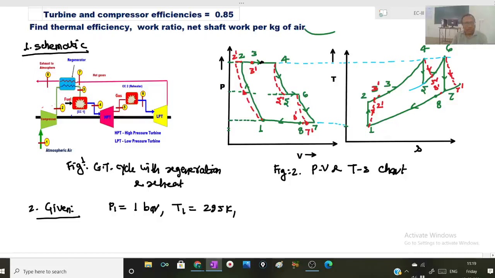Then pressure ratio is given, P2 by P1 as 5. Then we have been given the maximum temperature of the cycle. So maximum temperature of the cycle will be T4, 1023 Kelvin.